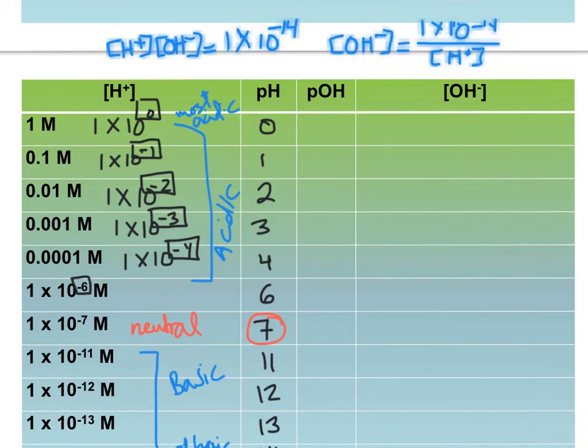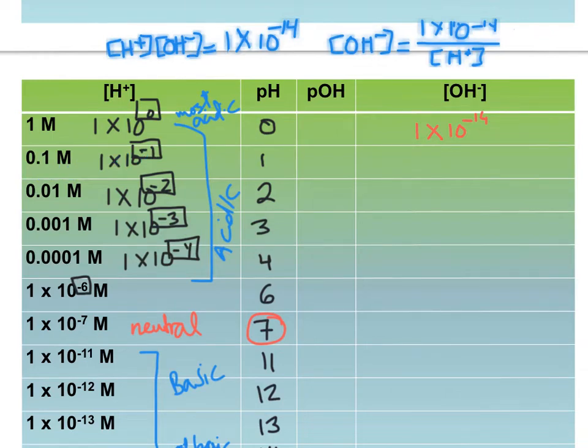So let's say that this is 1 down here, right, for the first one. What would the OH- concentration be? It's going to be 1 times 10 to the negative 14. Okay, now let's plug in the next one. What if the H+ concentration was 0.1, or 1 times 10 to the negative 1?